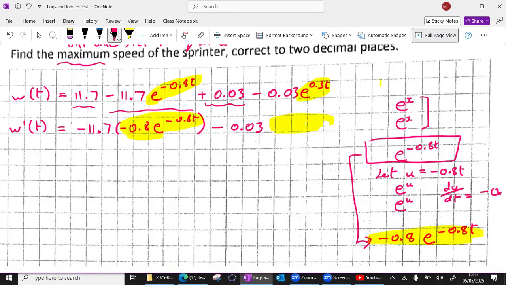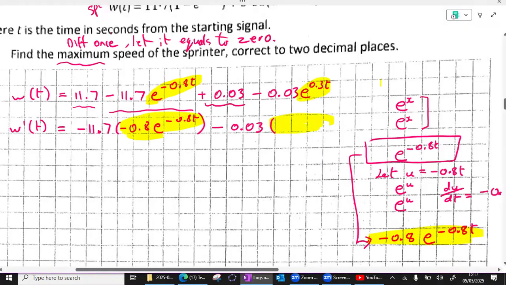Whatever number is in the front, we're going to have to multiply this by 0.3, and then the e part itself is going to stay the same. So we're going to have e to the 0.3t. I hope that makes sense.